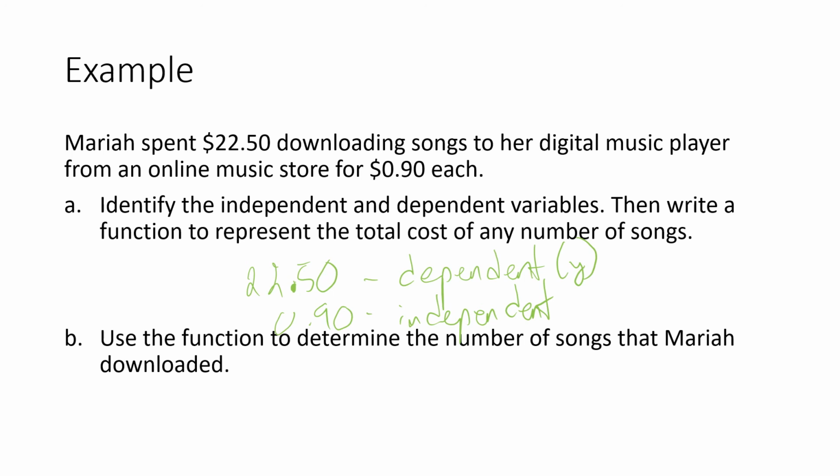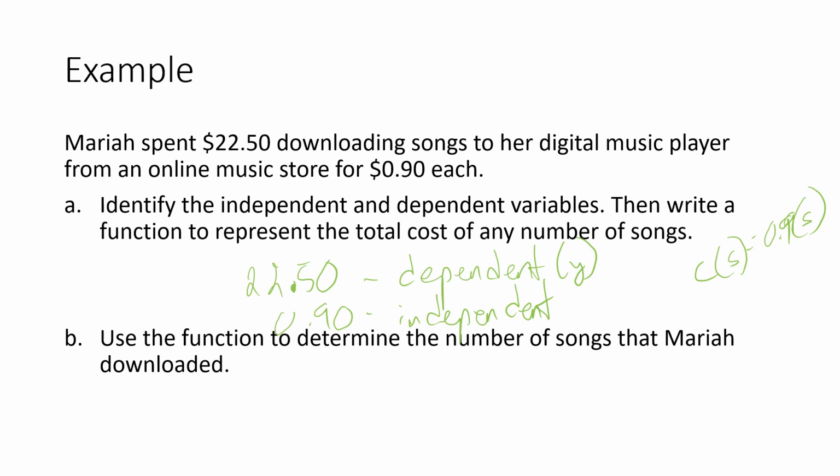So we could write a function then as C(S) equals 0.9 times S, and this is our total cost. We know that C(S) is $22.50.